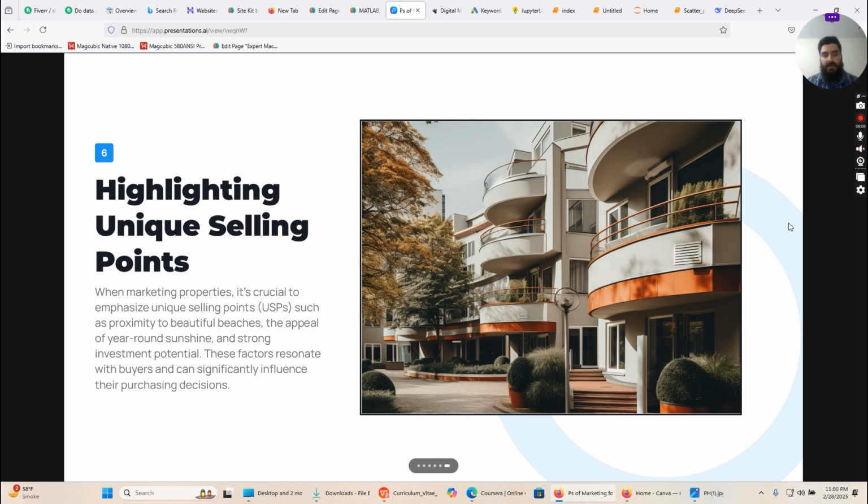And if the customer is looking at an investment, then you can come up with the unique selling point that this is a famous tourist destination, and the property values around these areas are mostly higher throughout the year. So these are the unique selling points based on the product that you have to offer. These factors resonate well with buyers and can significantly influence their purchasing decisions.